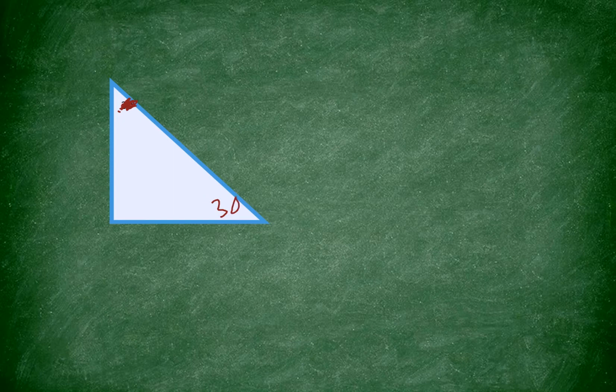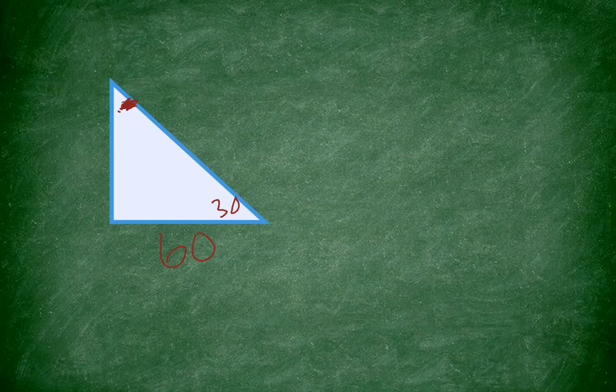So if that's my 30 degree angle, let's do 60 over here. So across from my 60 degree angle is 60. I'll give you a second to copy this down and work it, and then I'll go over it. So pause it right now.